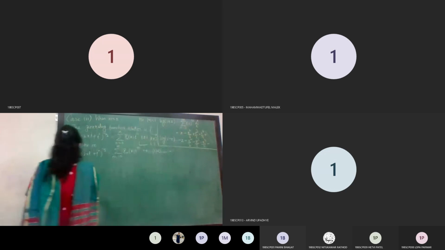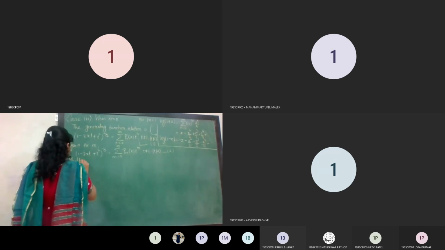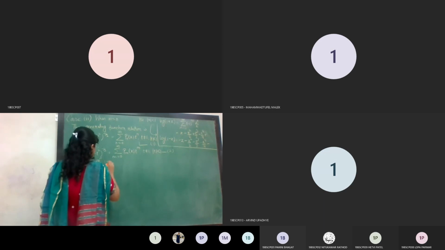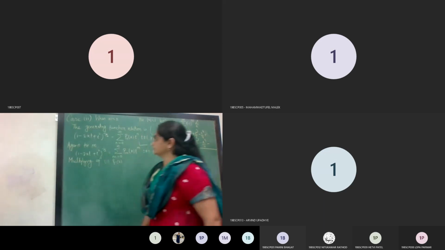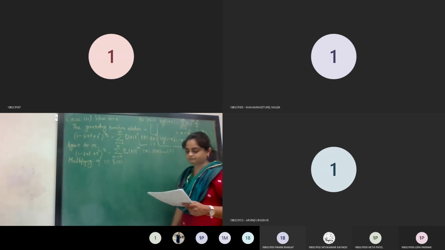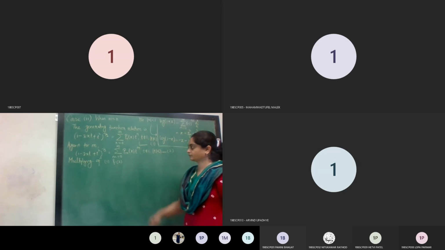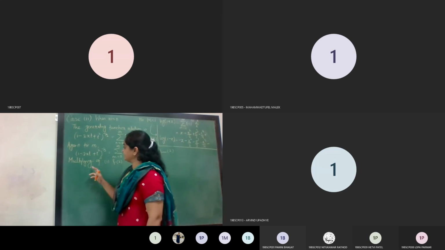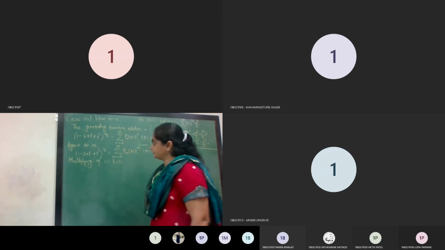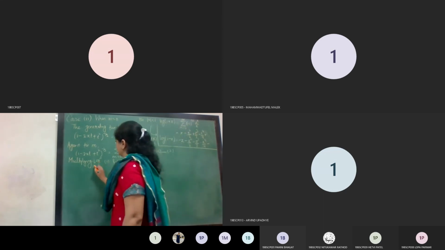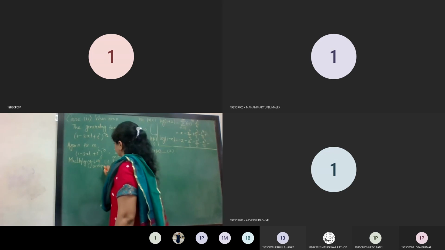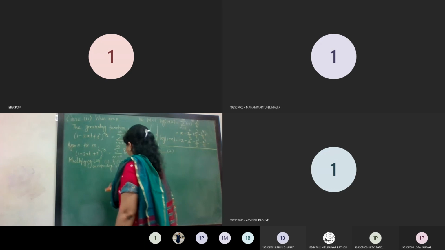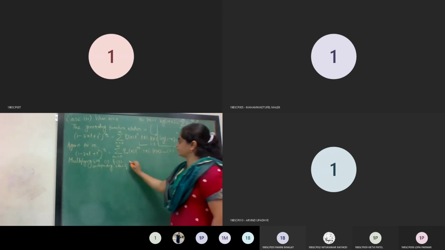So let me write: multiplying the corresponding sides of equations 1 and 2 we get.